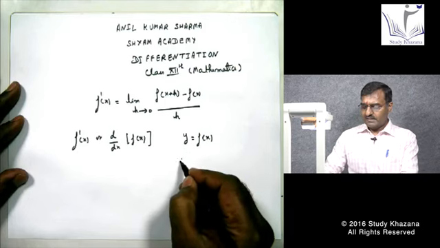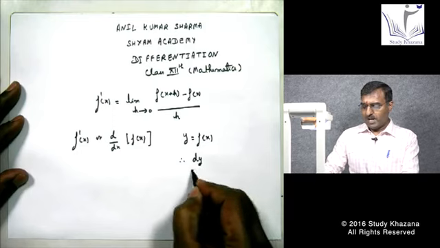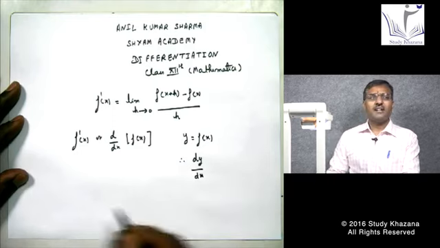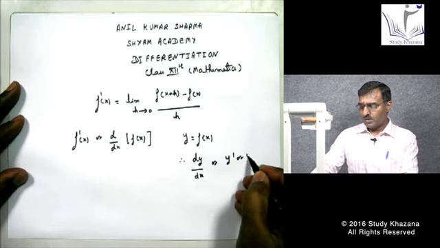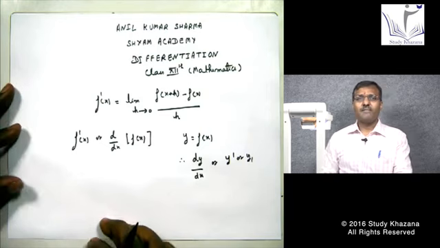Now the derivative of f is denoted by f dash x or d by dx of f x. Suppose the function is denoted by y equal to f x. Here I denote the derivative by dy by dx, or I can write y dash or y1.